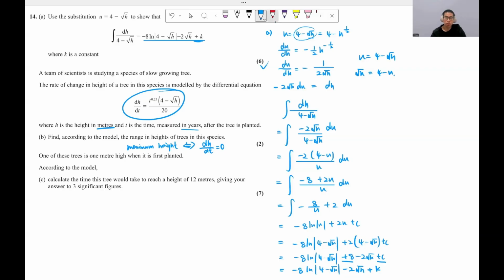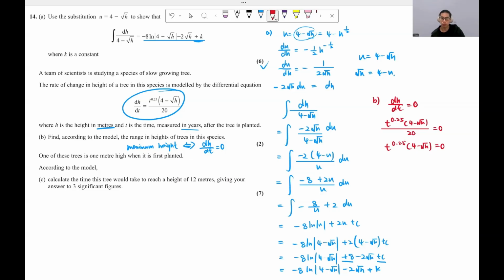So for this one, I will just write in here. Let dh over dt equal to zero. Then we have t to the power 0.25 times 4 minus root h over 20 equal to 0. So times by 20 for both sides, t to the power 0.25 times 4 minus root h is also equal to 0. So two factors multiplied together give you 0.